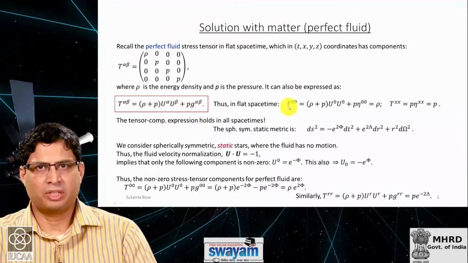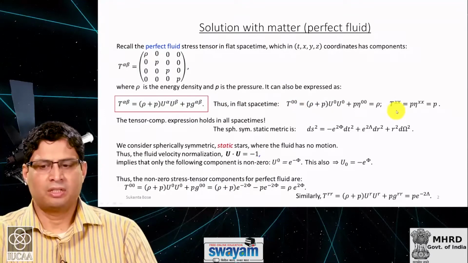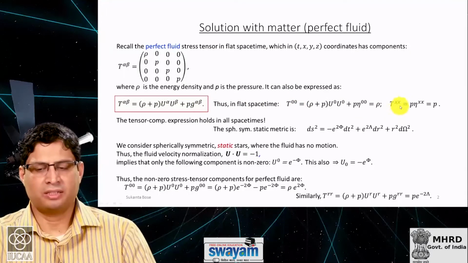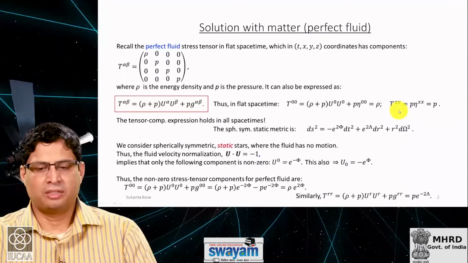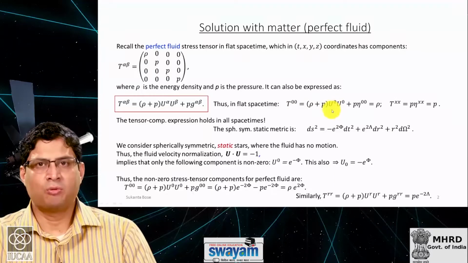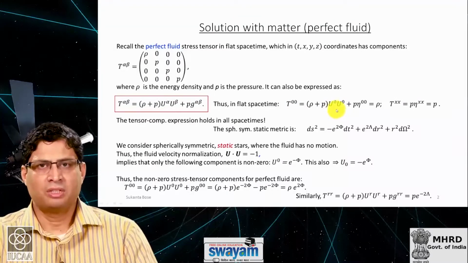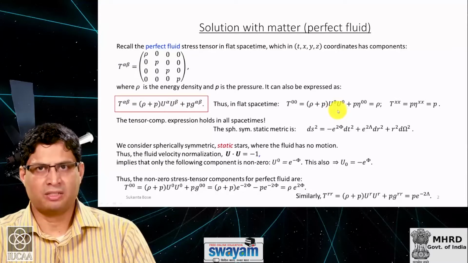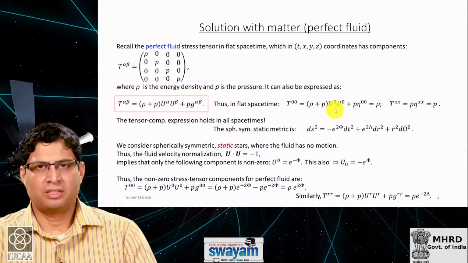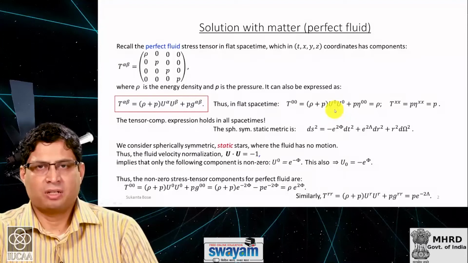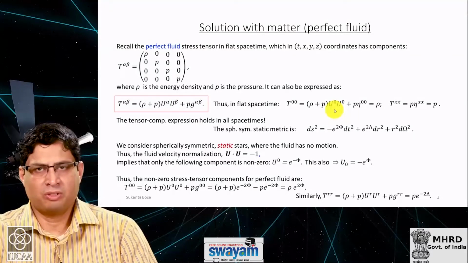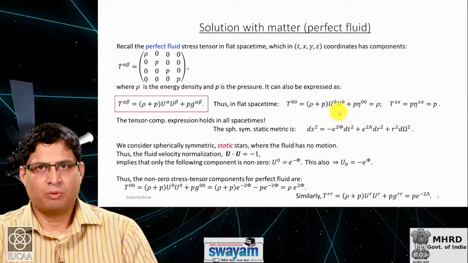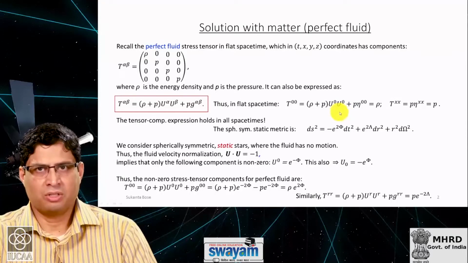We apply the red box again for calculating the spatial component, T x x, and because we are in the momentarily co-moving rest frame of the fluid element, u is completely aligned along the time axis, which means that the x, y, z velocity components of the fluid are 0 in this frame. Therefore, u x, u y, u z are zeros.